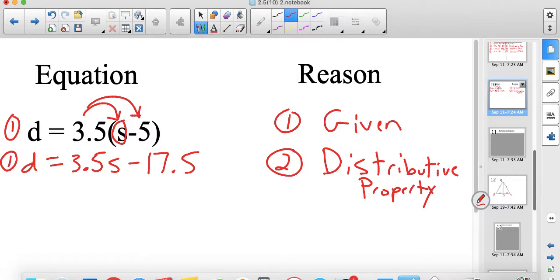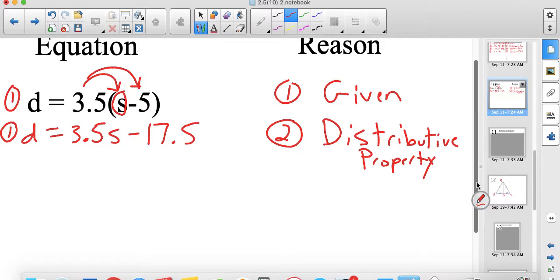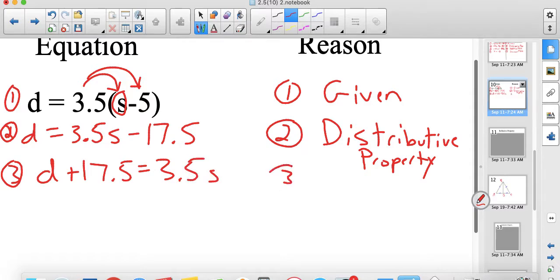Now to solve for S, I need to get rid of my minus 17.5. So we're going to add 17.5 to both sides. Since we added something to each side, that was our addition property of inequality. Finally, to solve for S, I need to get rid of my times 3.5.